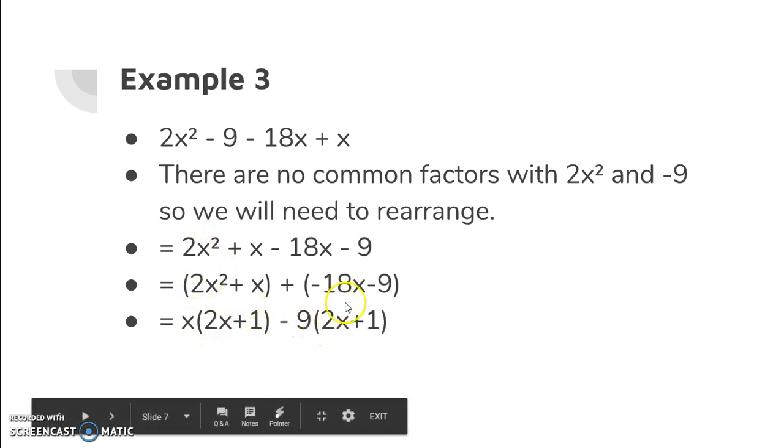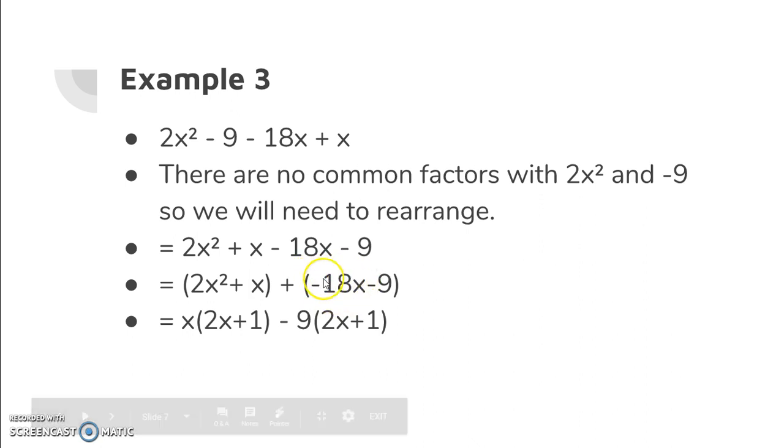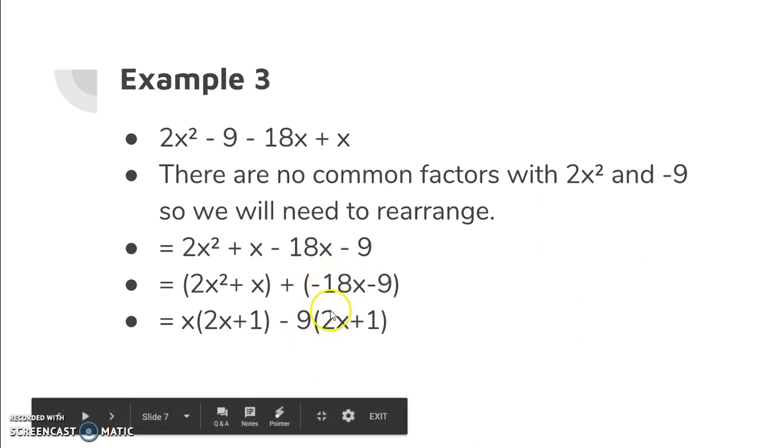Minus 9, and this is going to become 2x because minus 9 times 2x is negative 18x, and this is plus 1 because minus 9 times positive 1 gives you the minus 9. So the highest common factor for this one is x, I've taken it out, and the highest common factor is minus 9, and I've taken it out.